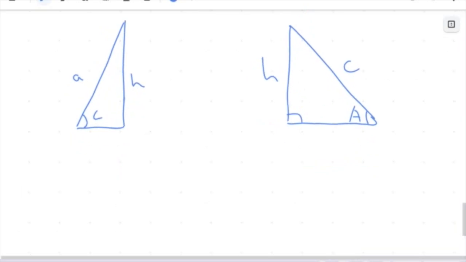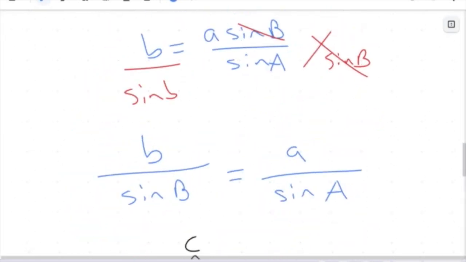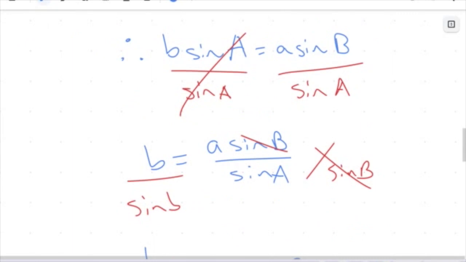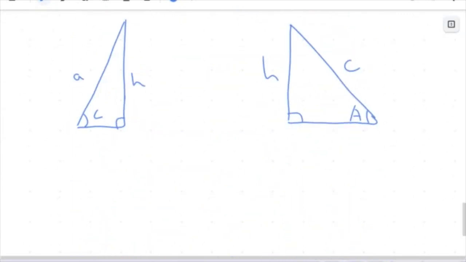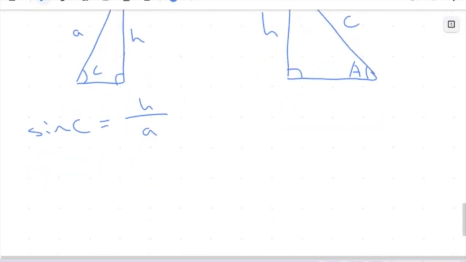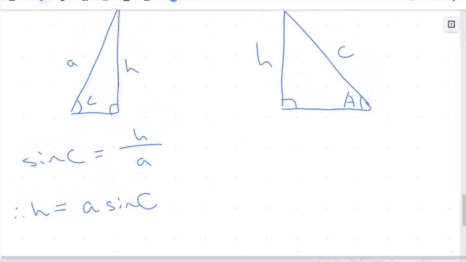So I'm going to do this in the exact same way. And I'm going to do this a bit quicker because now we're used to doing this from what we got up here. So I have sine of C equals my opposite h over my hypotenuse a. So h is going to equal a sine C. I'm doing the exact same thing as before.